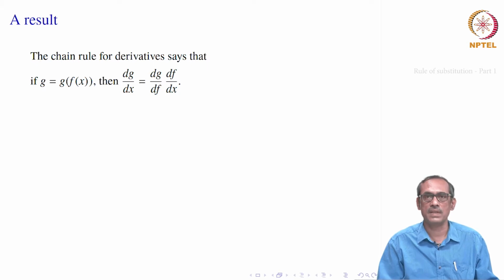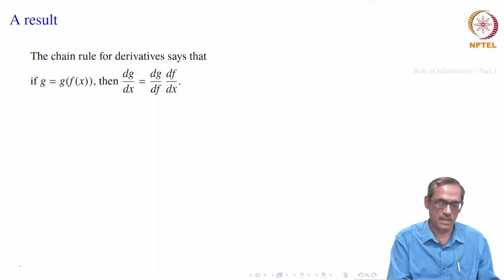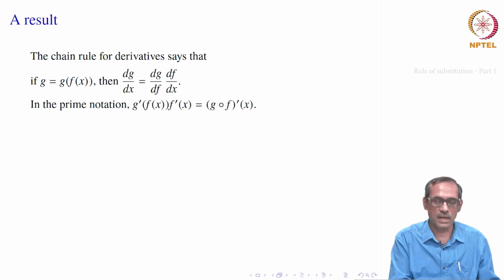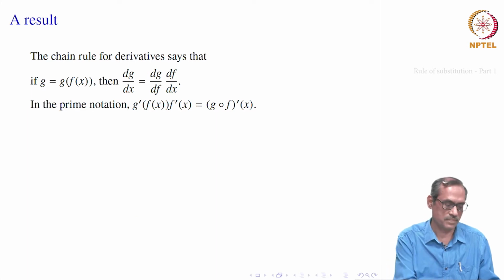So, dg over dx will be equal to dg over df times df over dx when you take the derivatives. That is what the chain rule for derivatives says. Now, if you write it in the prime notation, it will be g prime of f of x times f prime of x equal to the derivative of the composite function g of f.